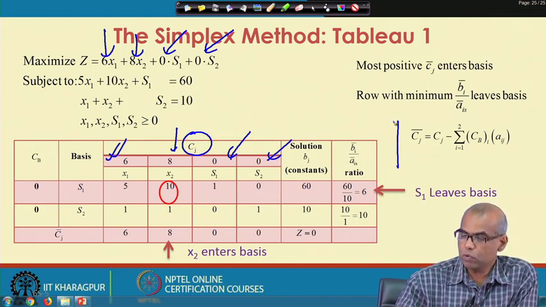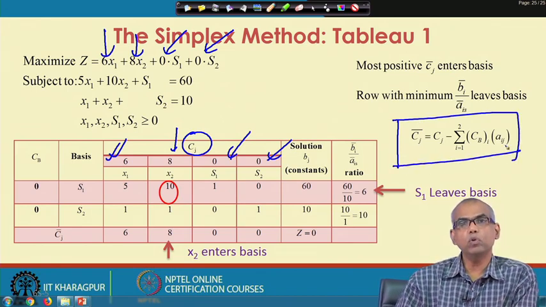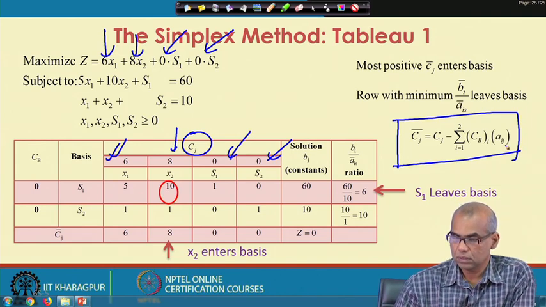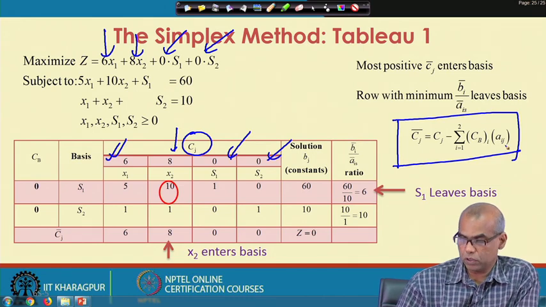So, now I can make use of the inner product rule to find out the Cj bar, the relative profit coefficients.